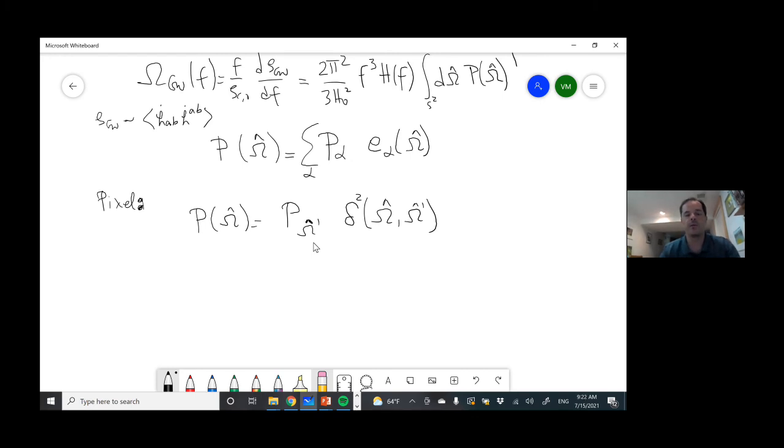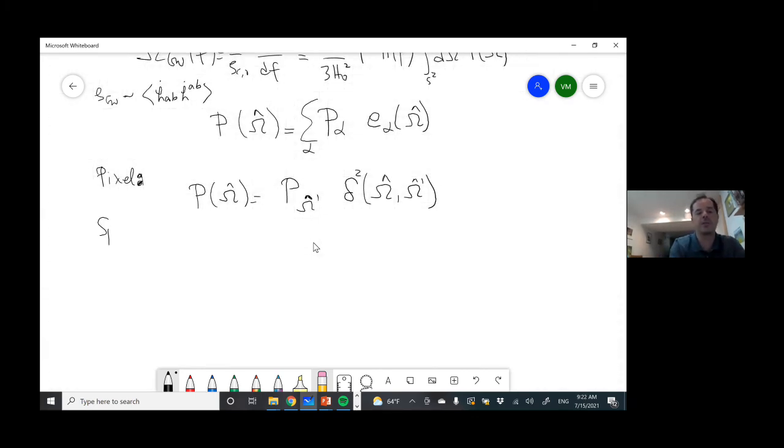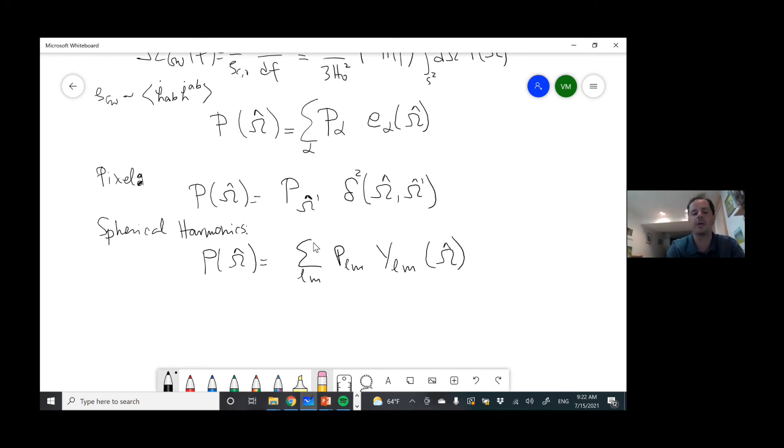The alternative is spherical harmonics. Here we will write P of omega as an expansion in the spherical harmonic basis. So we'll have P_lm, which are now coefficients, times the spherical harmonic Y_lm as a function of omega, where the P_lm can be evaluated using the integral of P of omega multiplied by Y_lm star of omega hat.